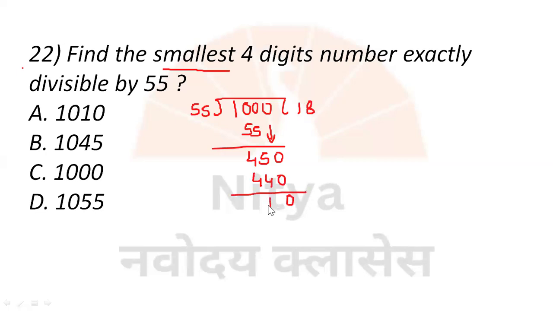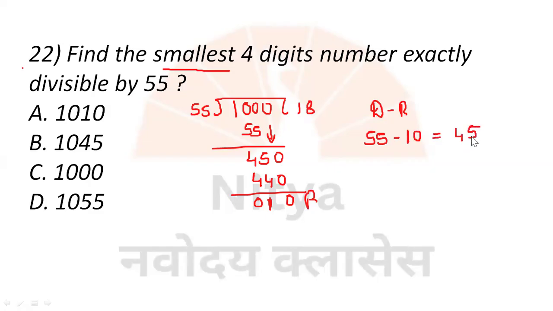The remainder is 10. So here also you do divisor minus remainder: divisor is 55 minus remainder 10. So what we get? 45.